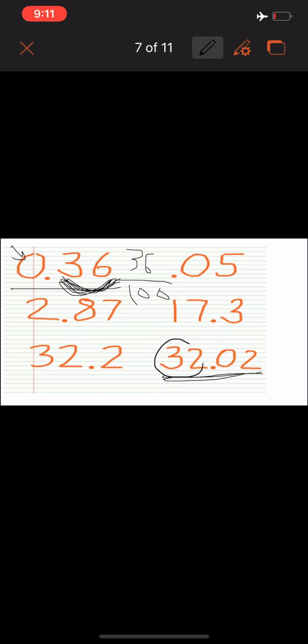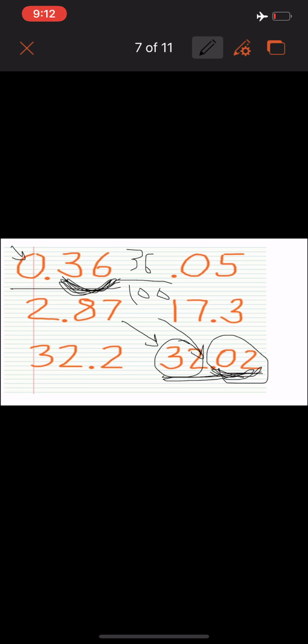Let's take only this one as a whole. What do we have in the whole? 32. So I will read it as 32 and 2 what? 2 hundredths or 2 tenths? I will read it as 2 hundredths for sure, because after the decimal point it filled 2 places.